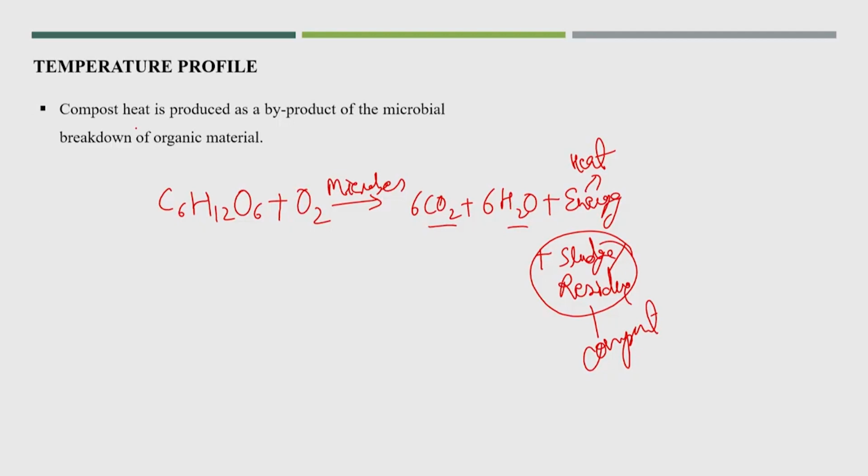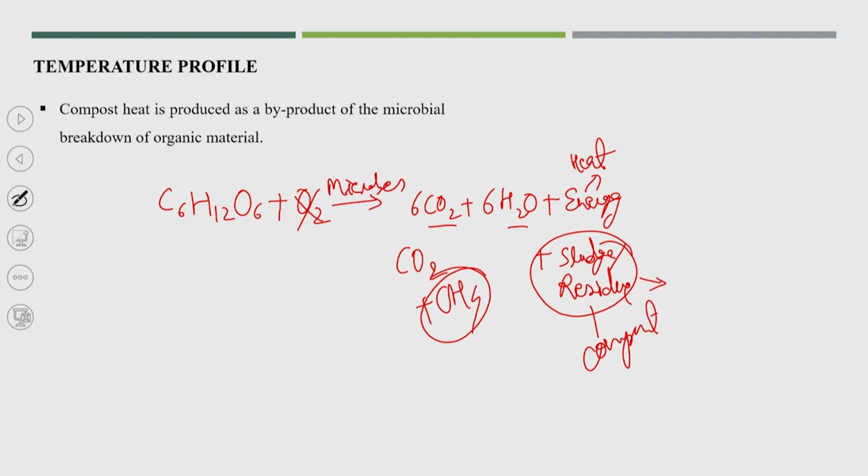Now, here I said that it should not be anaerobic. If there is no oxygen, it will obviously produce carbon dioxide, and also methane will be produced. This is an odorous gas. The quantity of residue in the aerobic process will be around 30 to 40%, and in the anaerobic condition it will be only 5 to 10%.